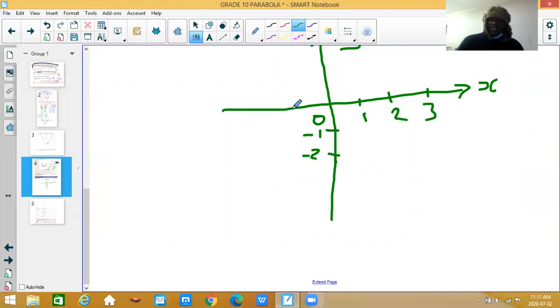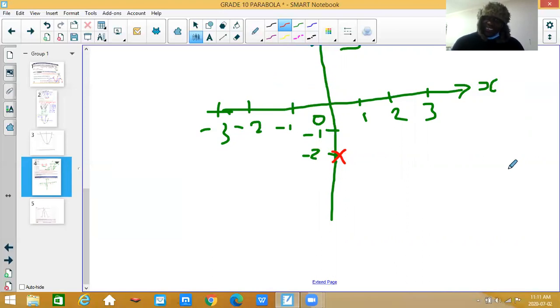On the left-hand side, we have -1, -2, -3, and they continue like that. Up there, we're going to have positive numbers. We said our turning point was (0, -2). Since it is (0, -2), this is our turning point and also the y-intercept.